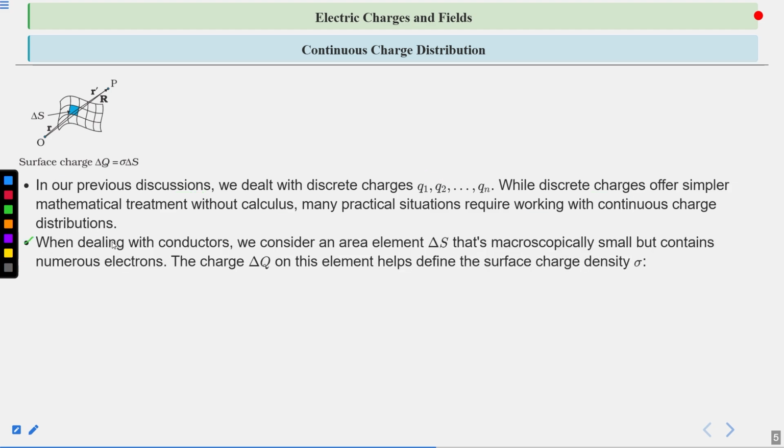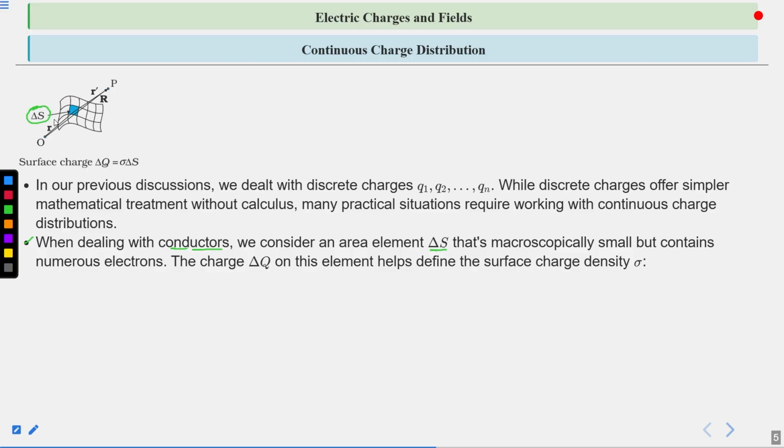When dealing with conductors, the question arises, what are conductors? A conductor is a material that allows electricity to pass through it. So here we consider an area element delta S. Look at the figure.